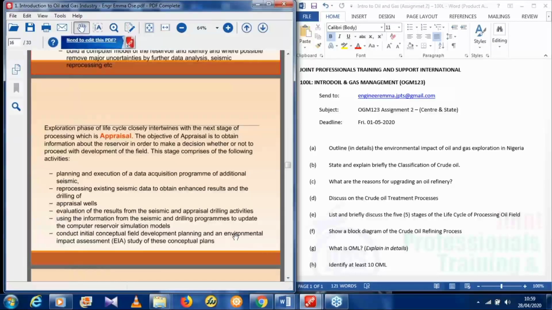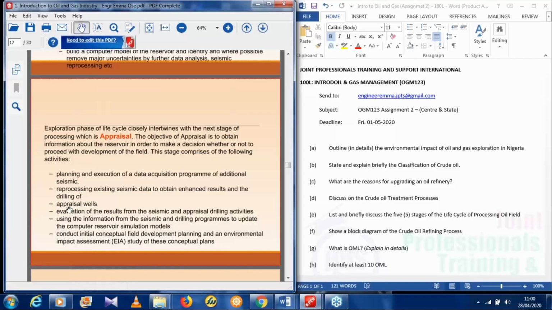There's also a point where we have to assess the planning and execution of the data acquisition program of additional testing. It's not just one analysis. Then we also reprocess the existing seismic data to obtain enhanced results.